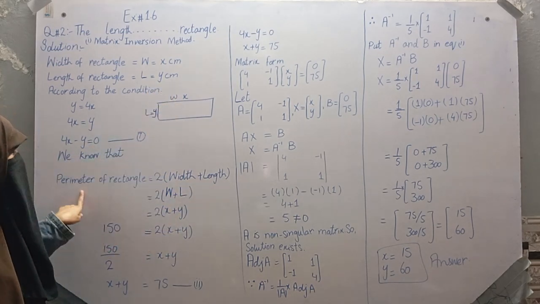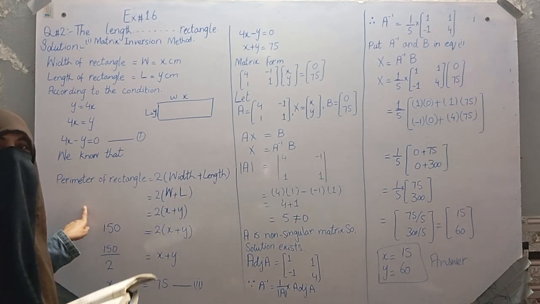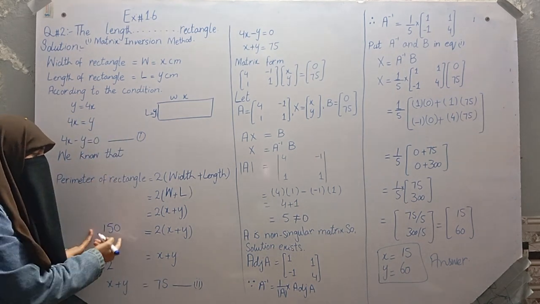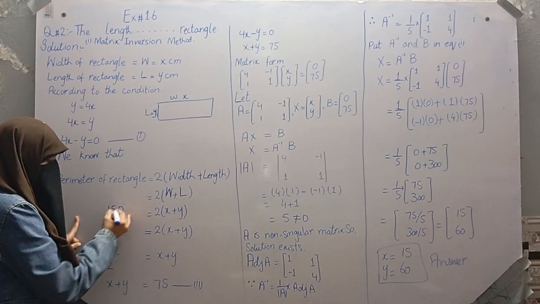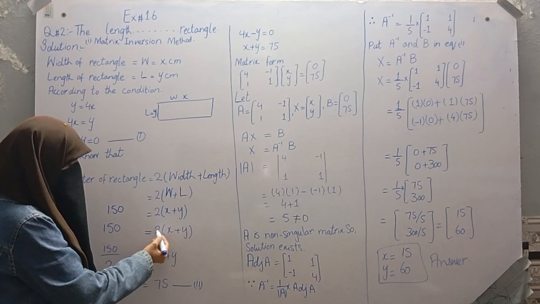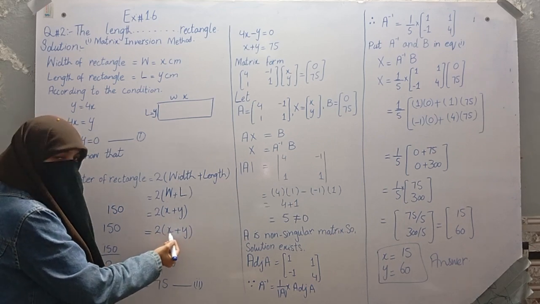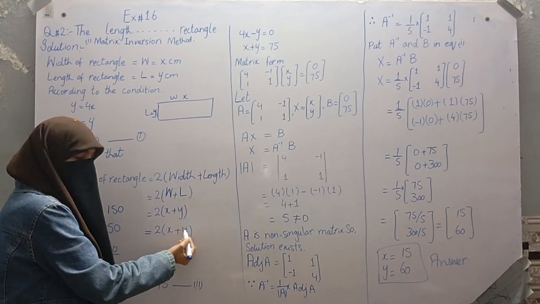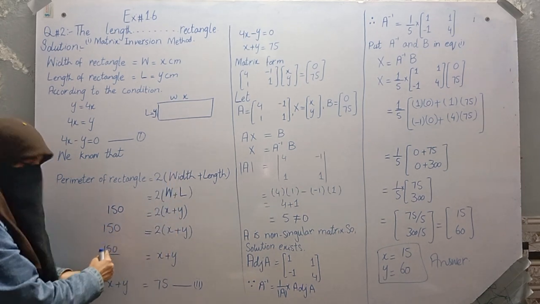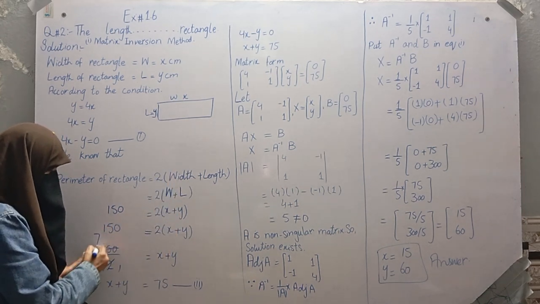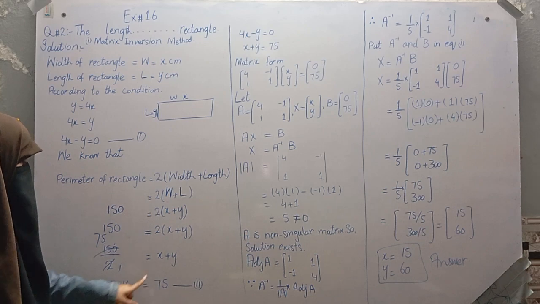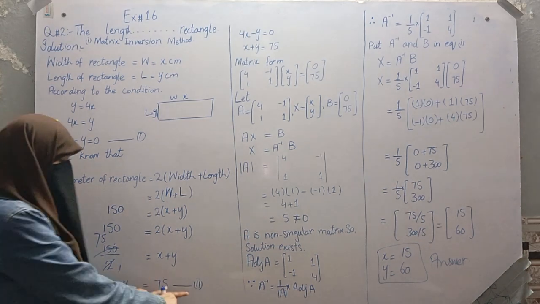Now in the question the perimeter is 150 centimeters. In place of the perimeter I write 150, and now you can see 2 multiplied by x plus y. Here x is the width and y is the length. Now 2 is multiplied; when it goes to the other side, it becomes divided. 150 divided by 2: 2 ones are 2, 2 sevens are 14, carry 1, 2 fives are 10, so 75. Here x plus y is equal to 75. It is equation number 2.